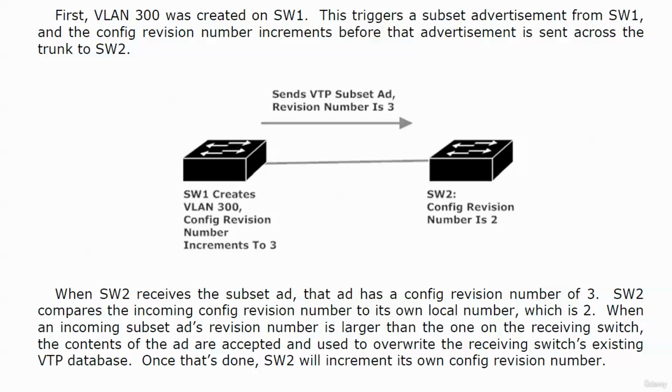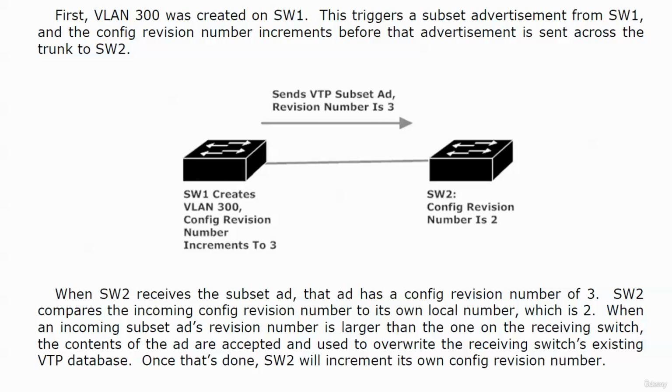Now when switch 2 receives that subset add, what happened? The add had a config revision number of 3. Switch 2 compares those values and says, okay, my own local config revision number is 2, and the incoming add is set to 3, therefore that must be more recent information. So in that case, the contents of the add are accepted and used to overwrite the receiving switch's existing VTP database.